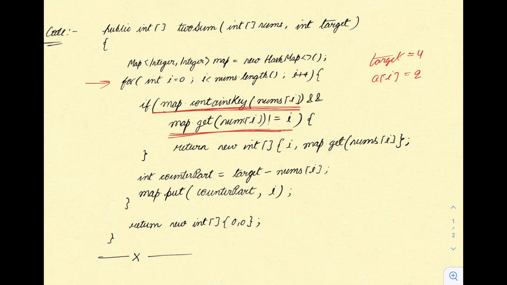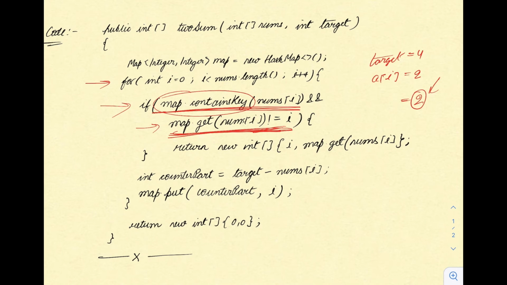If we don't put this condition, its counterpart will be 2, so it might refer to itself. So we have to put this condition so that it doesn't consider itself as its own counterpart.